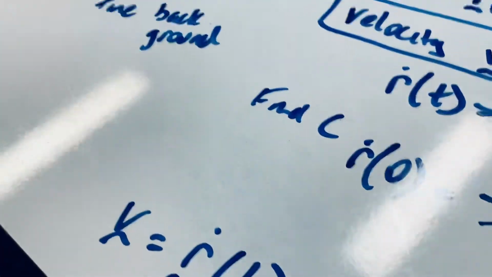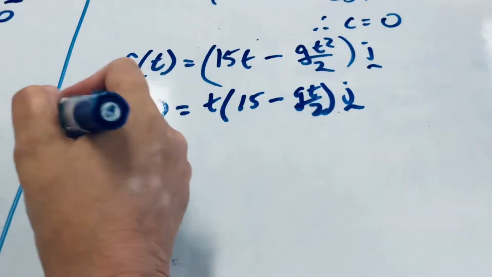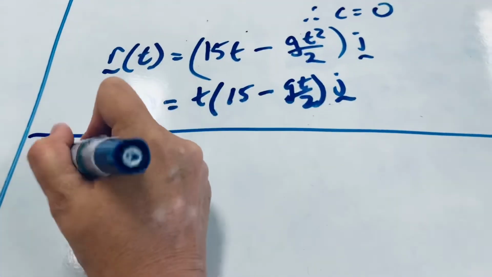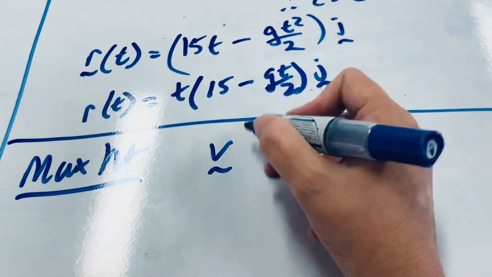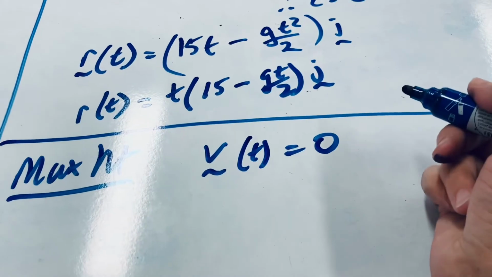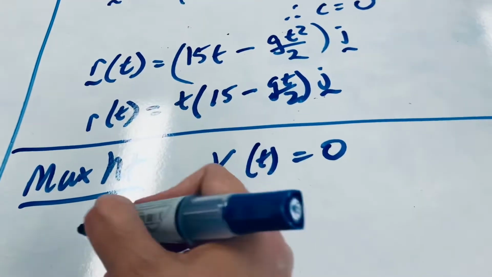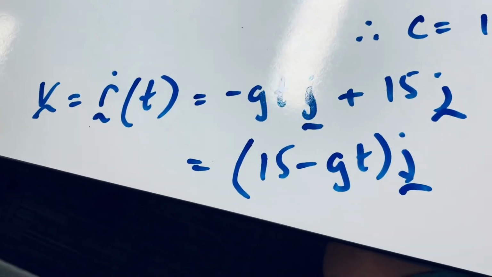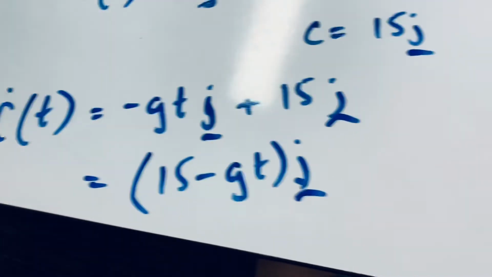We were asked to find the max height. Now, if you throw a ball directly vertically up, the max height is when the velocity equals 0. So we need to look at our velocity. Our velocity was (15 take gt)j.